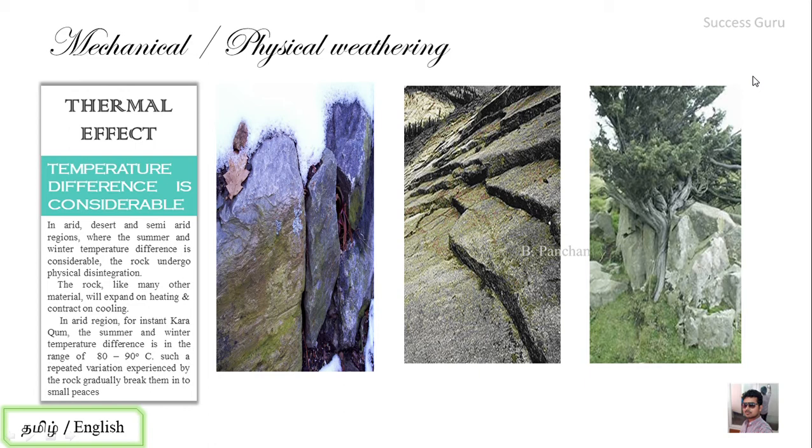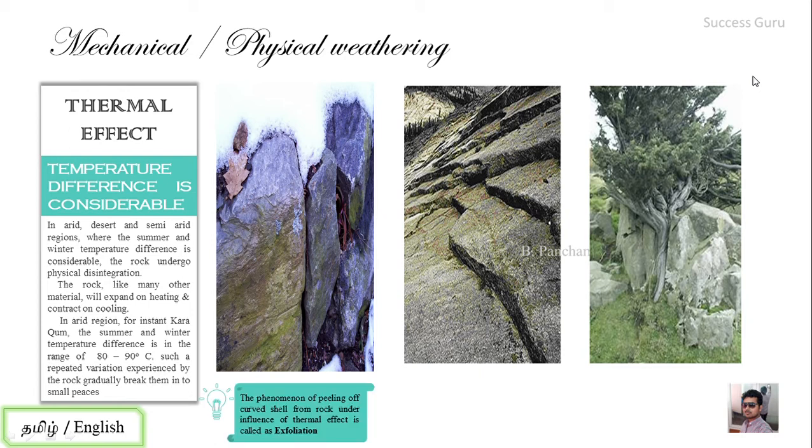In the arid region, for instance Karakum, the summer and winter temperature difference is in the range of 80 to 90 degrees Celsius. Such repeated variation experienced by the rock gradually breaks it into smaller pieces, and this type of weathering is due to the thermal effect.